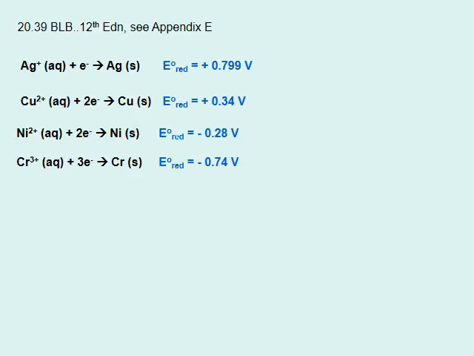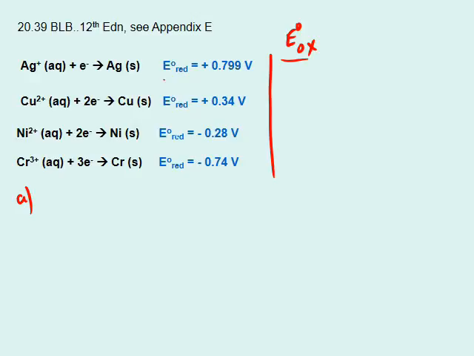One quick way of knowing it would be, let's write down A. Before you go over A, let me show you. These are the reduction values I got from the back of the book. Let's convert them to E0 of oxidation. The value would remain the same, but the sign gets changed.